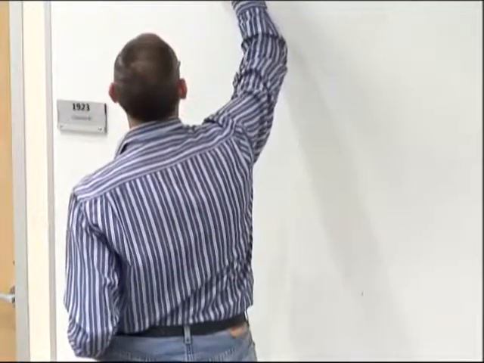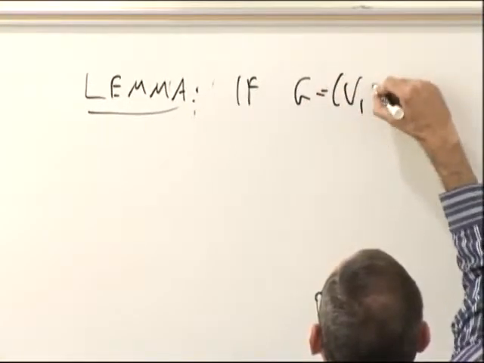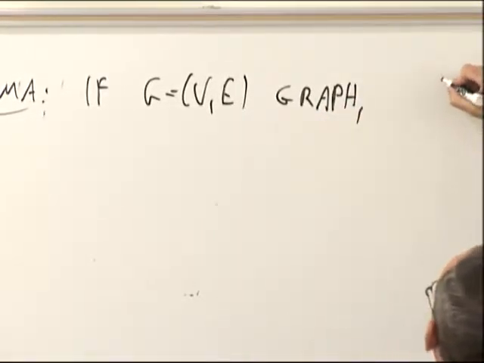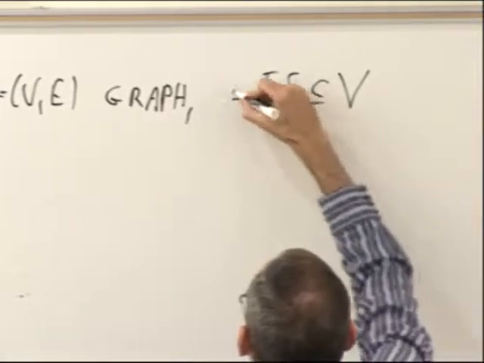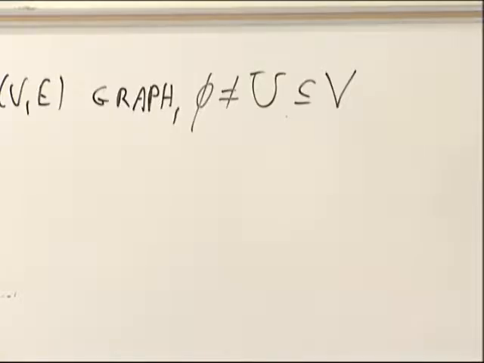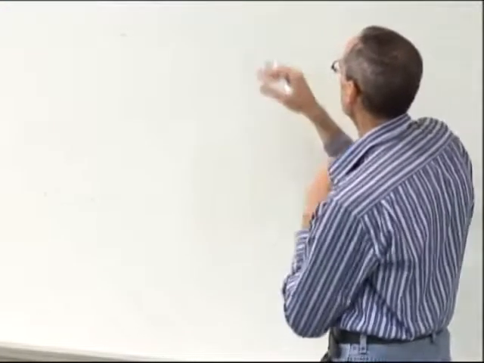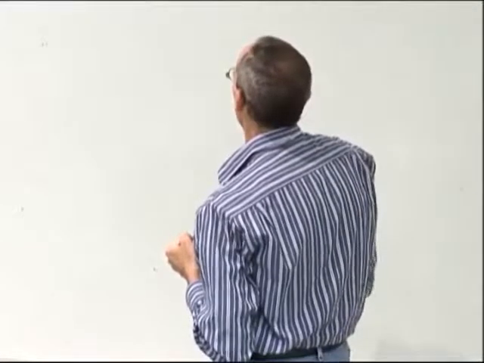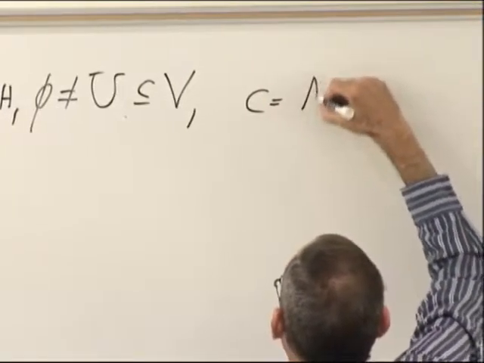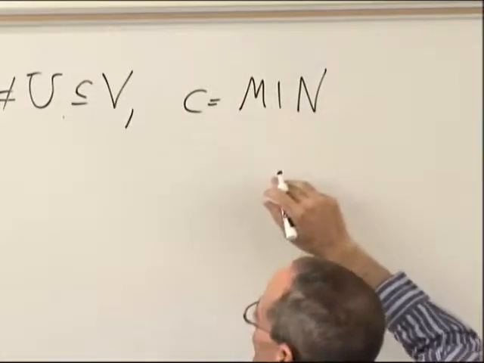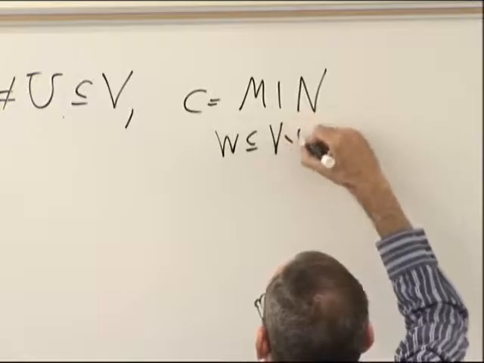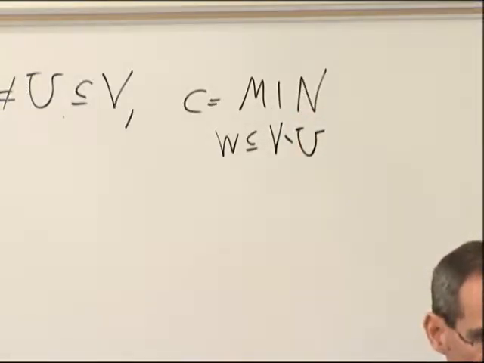So here it is. If G is a general graph, and U, a subset of V, is non-empty, which is sometimes called the boundary. It's good to think about it as a boundary because indeed in our example it will be the boundary of the torus maybe. And we define C to be the minimum, or the infimum when it's not finite, over all W which are subsets of V minus U. So we take sets that do not touch the boundary.